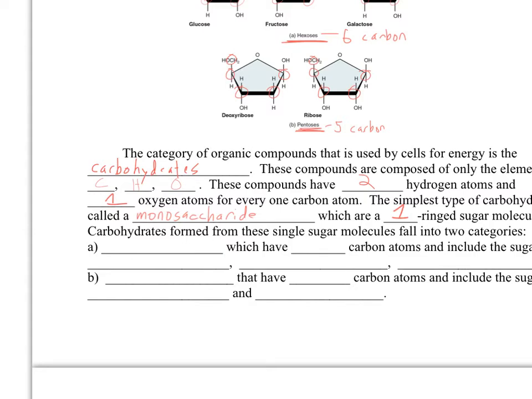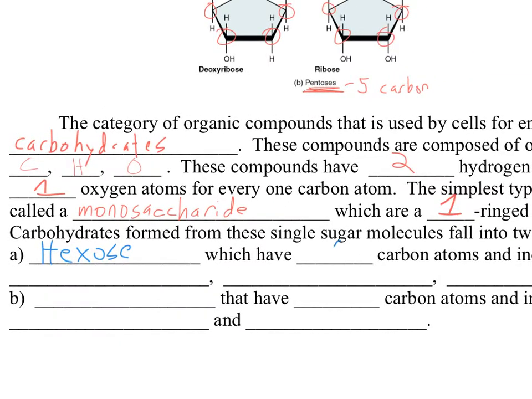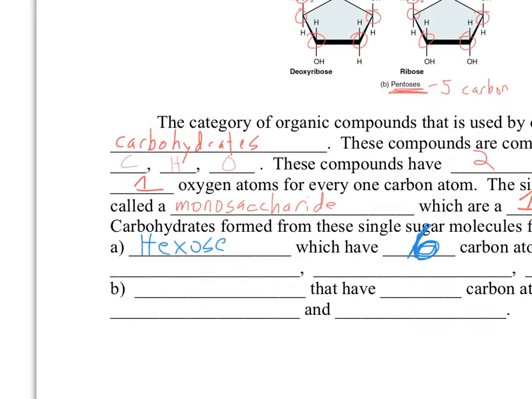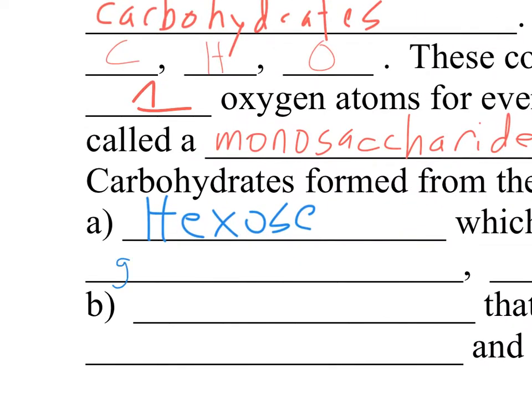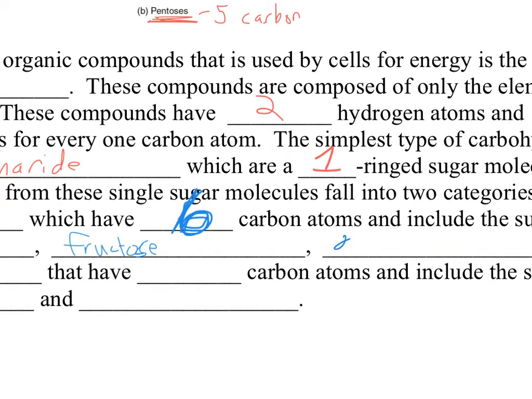And so now we're going to list the 2 categories. The first category are the hexose, which have how many carbons? 6. Our examples of the hexose ones were glucose, fructose, and galactose.